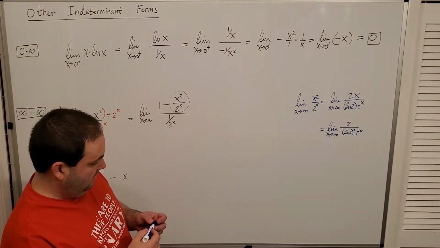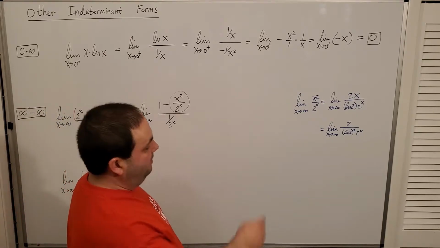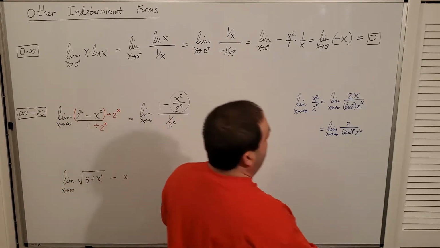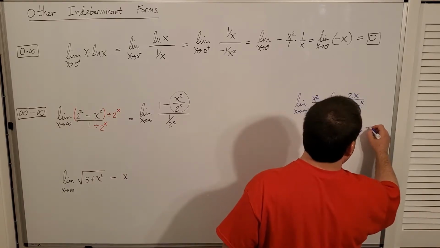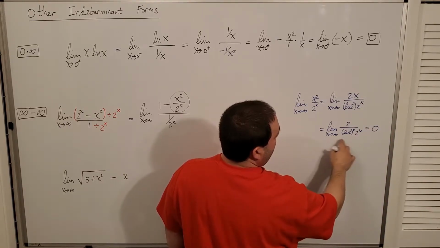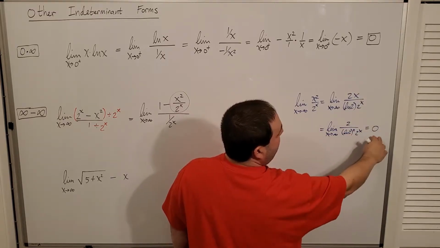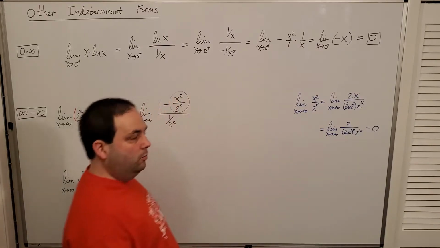Okay? Now, from here, I can see that the answer to this limit is going to be 0. Because the only x variable is here in the bottom now, and the limit as x goes to infinity of something over infinity like that is going to be 0.